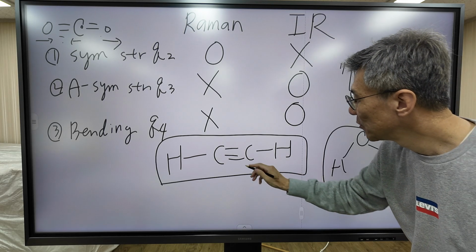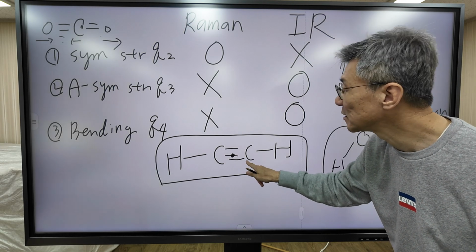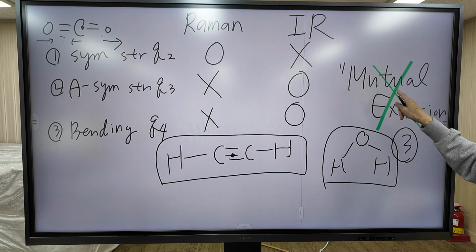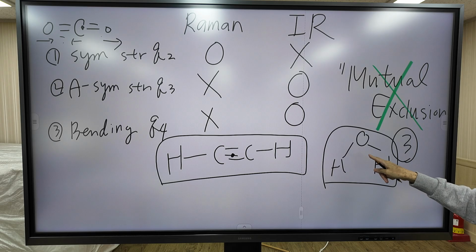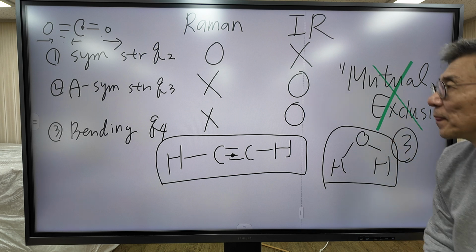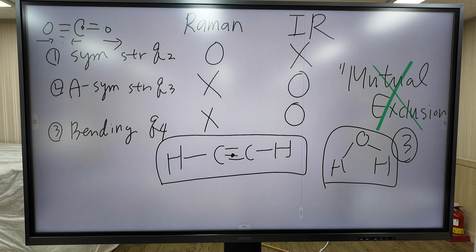Only molecules which have an inversion center, such as acetylene and CO2, obey the mutual exclusion principle. This molecule does not have an inversion center, so it does not obey the mutual exclusion principle. Okay, this is Raman spectroscopy.